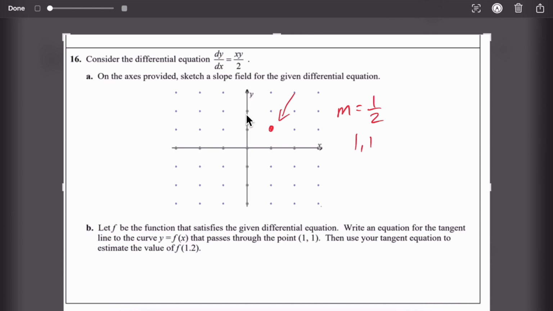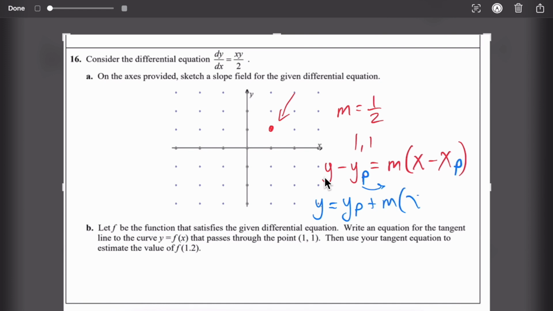The way I like to do this, here's the point slope form that is taught in class. What I like to do is change this little 1 to a p, because that makes it clear that that's where the point goes. And then I just move it to the other side. So what I like to use is y equals positive yp plus m times x minus xp.